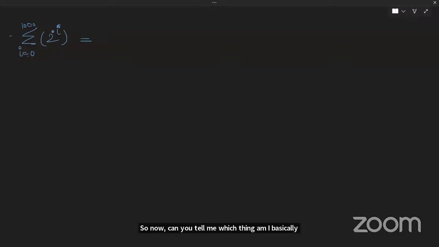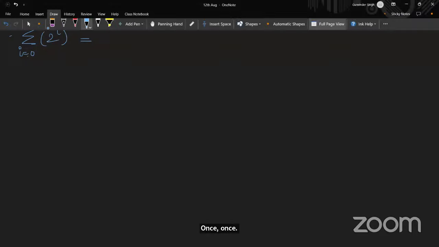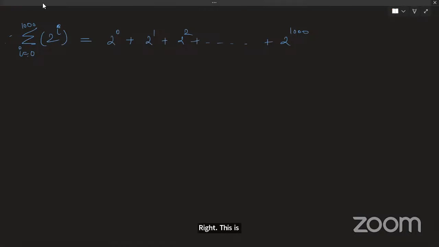What will be the summation? It is 2 raised to 0 plus 2 raised to 1 plus 2 squared plus so on till 2 raised to 1000, right? This is what I'm asking, right?